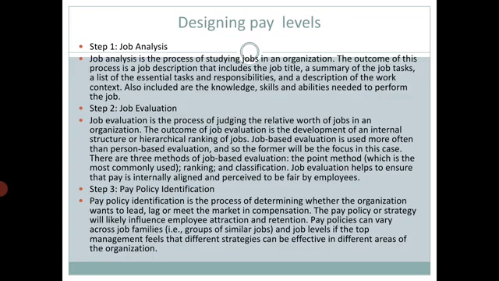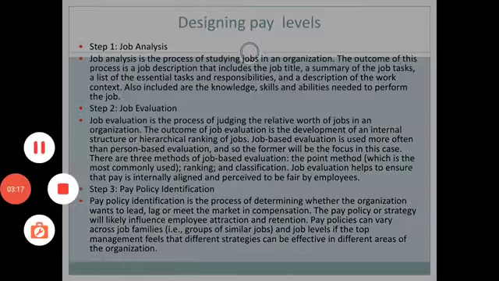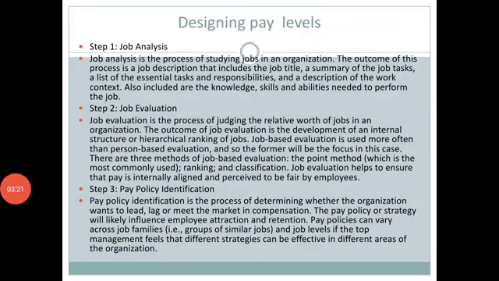A list of essential tasks and responsibilities means what that person is supposed to do, and what his responsibilities are. Then the description of work context means what he is required to do. All these things are included under job analysis.